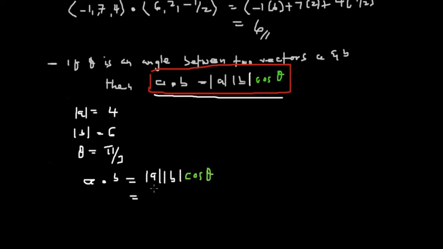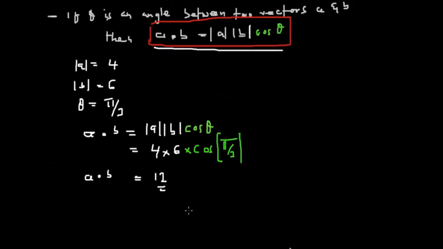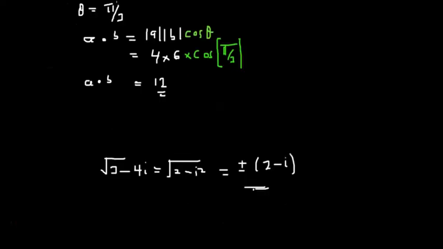We know length of A is 4, length of B is 6, and theta is pi on 3. When you compute the dot product, you end up with your answer being 12.